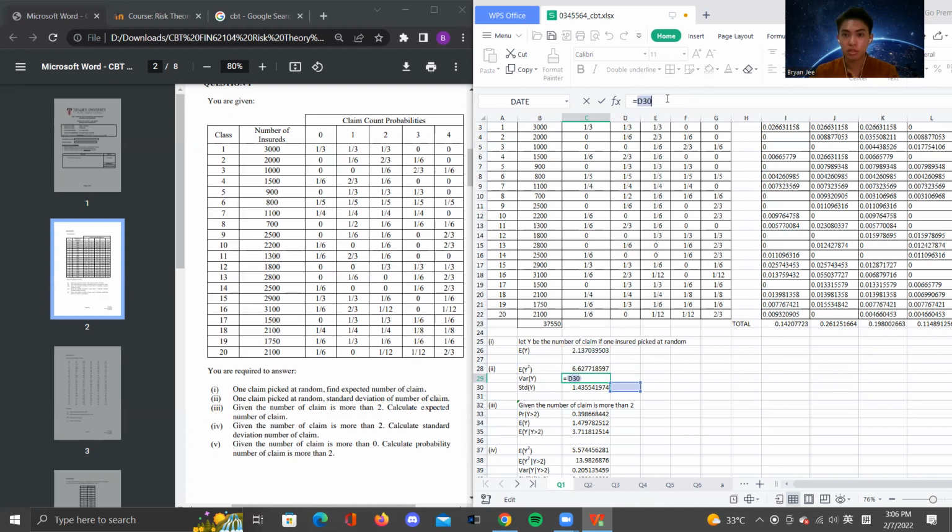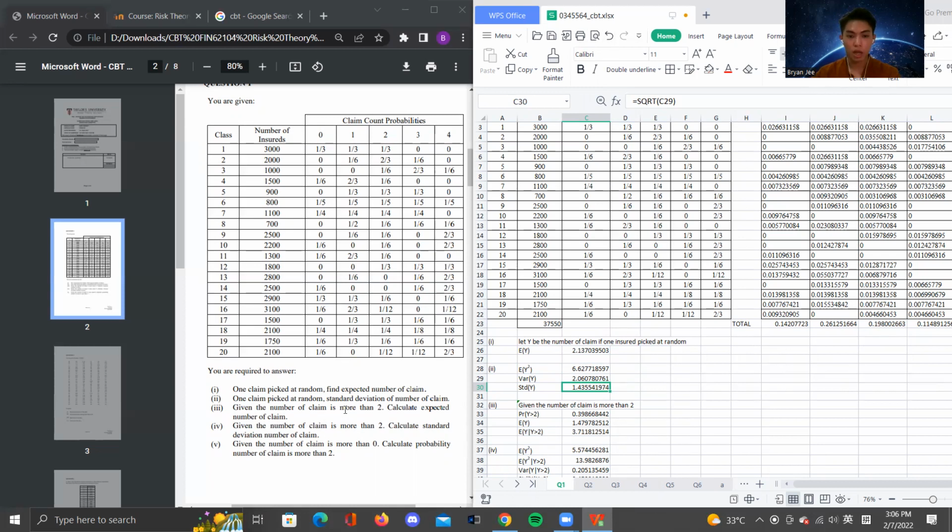So the variance is this one minus this to the power of 2. To get the standard deviation, it is just the square root of the variance. You can see this formula. Now we're going to discuss question 3.